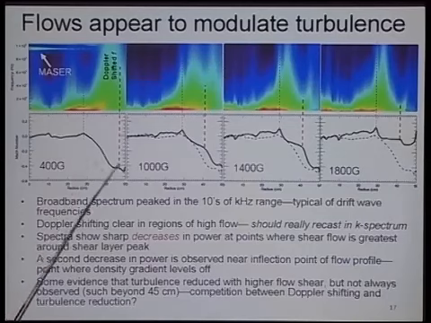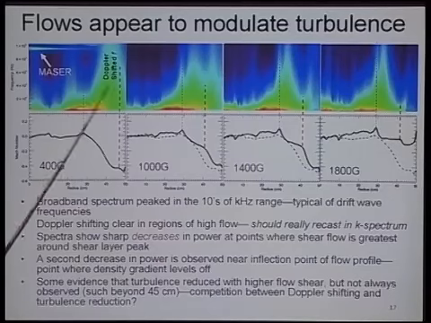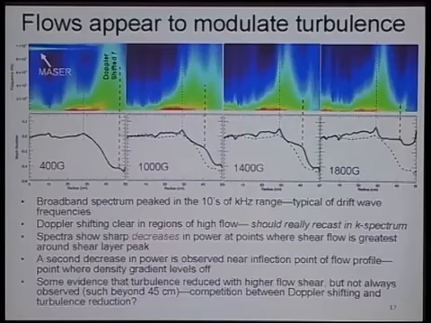The 400 Gauss case has the highest flow and the most Doppler shifted frequencies. You do see that to an extent in other fields, but not nearly as evident as in the 400 Gauss case.